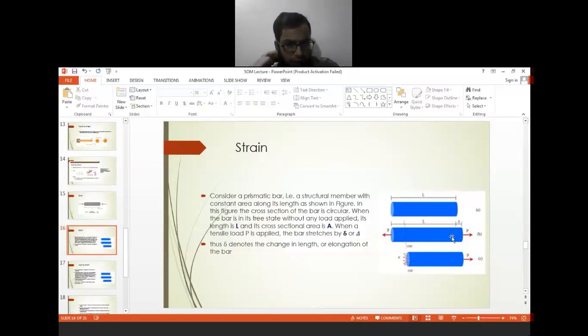Here in this bar, if we consider an imaginary cut section, then as discussed earlier, because of this force P, some internal forces sigma, which are the stresses, will be developed inside this bar. Because of these stresses, there is going to be a certain amount of deformation. This deformation divided by the original length of the bar is known as strain.